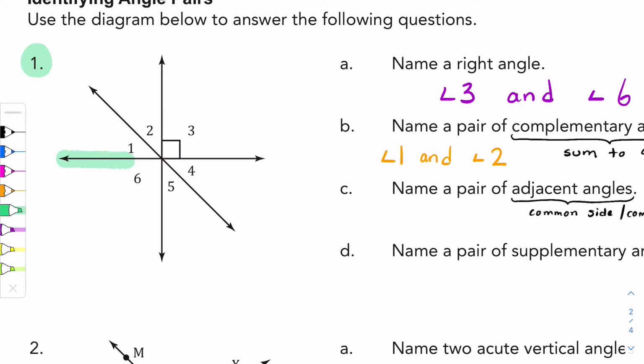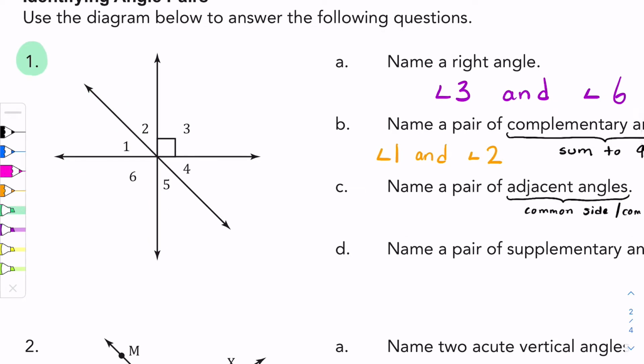So we could say angle 1 and angle 2, angle 2 and angle 3, angle 3 and angle 4, 4 and 5, 5 and 6, or angle 6 and angle 1. Just pick one pair of adjacent angles. I'm going to say angle 5 and angle 6. But in this case, you have so many more options. Just make sure you fit the criteria of the angle pair.